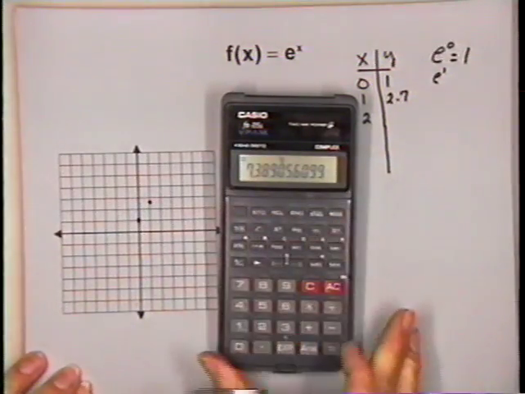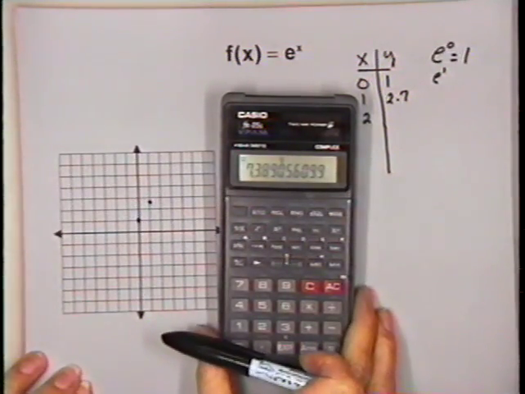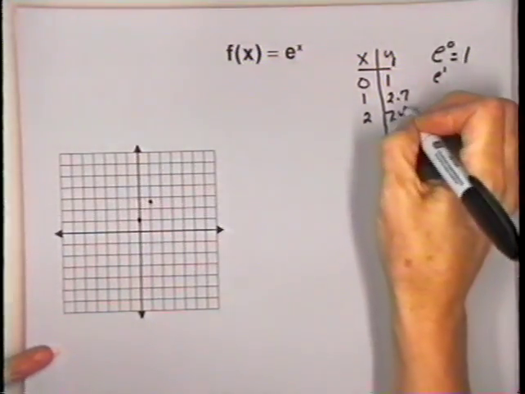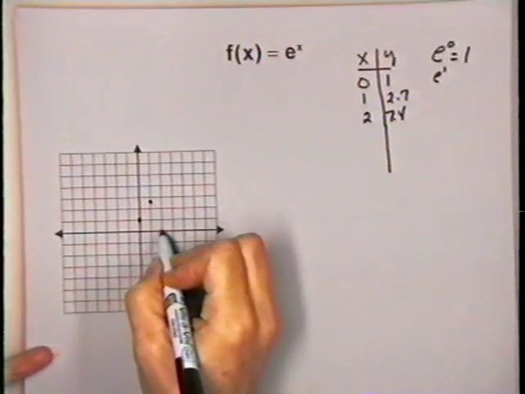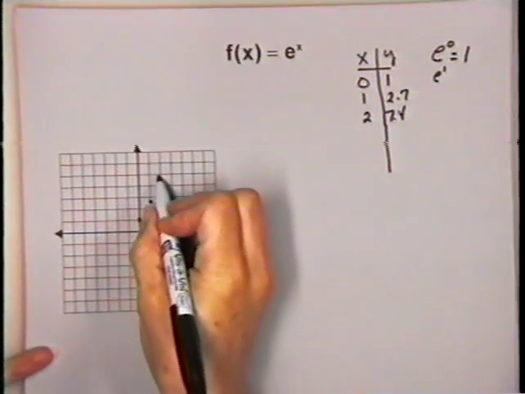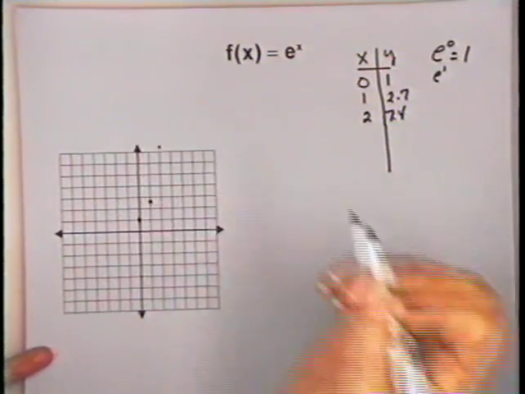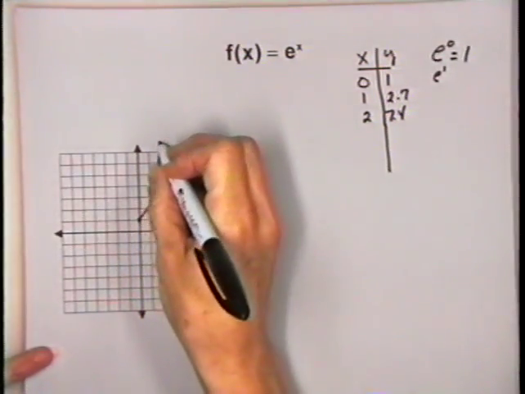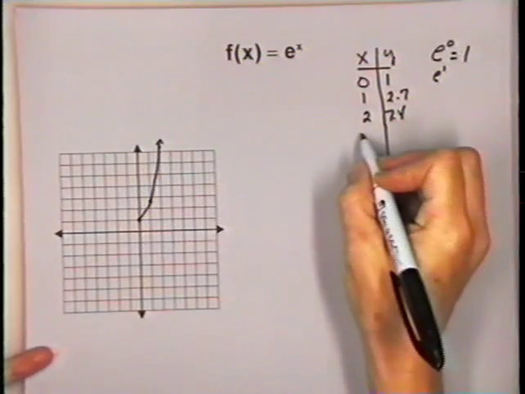So e squared is going to be about 7.4. I'm just going to round off to tenths since we're locating that 7.4. So 2, 1, 2, 3, 4, 5, 6, 7.4 would be just a little bit above there. So again, you'll notice that we're increasing, coming along like this.